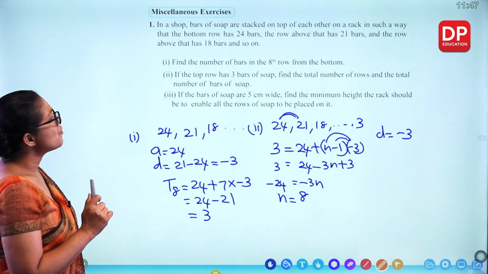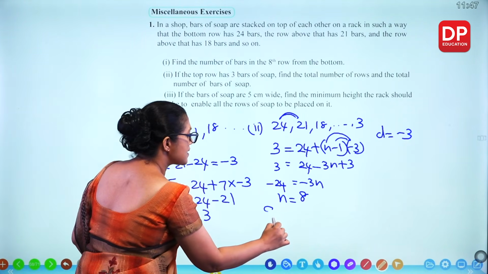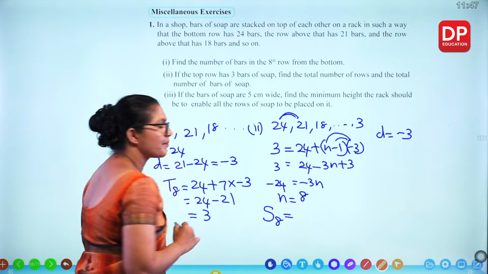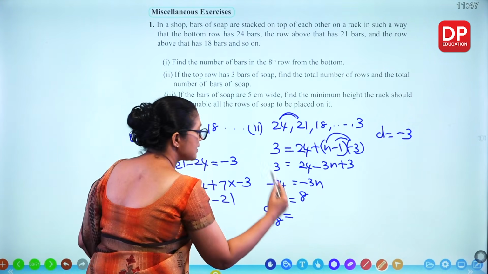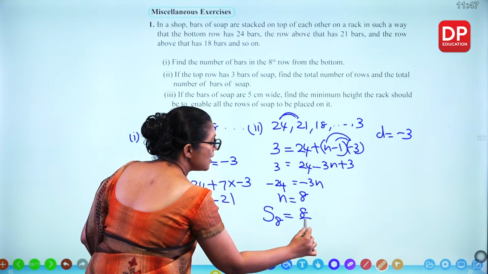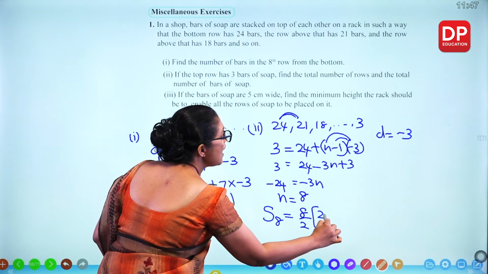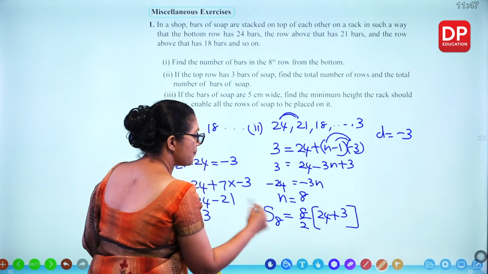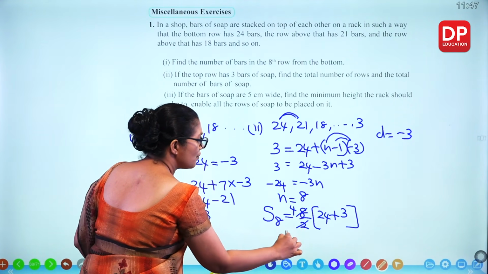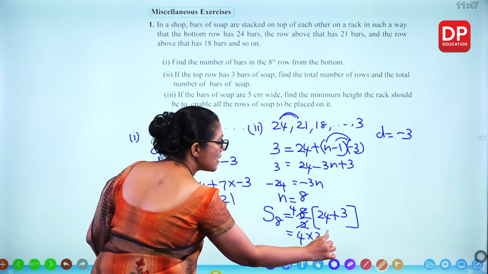And then you are asked to find out the total number of bars of soap. So S8. We know the first term and the last term. We can use the a plus l formula. N over 2, a 24 plus l is 3. 2 times 4, 4 times 24 plus 3, 27.